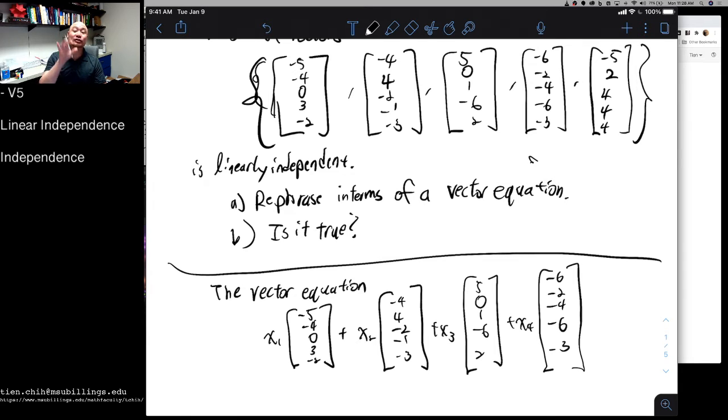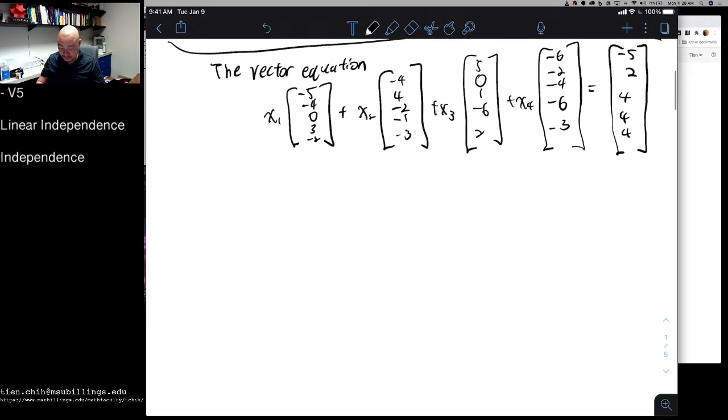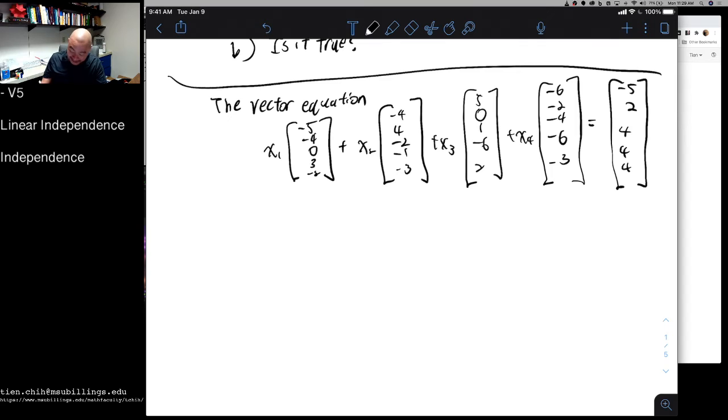The claim now is that there's no way I could combine these first 4 vectors to be equal to this last vector. And so our claim is that this equation has no solutions. That's what it would mean if these vectors were linearly independent.